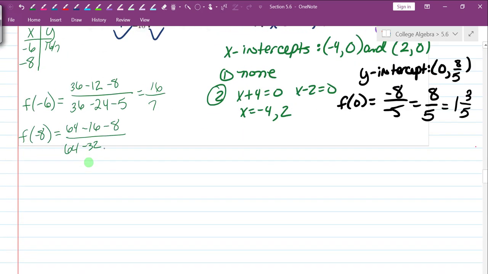I'm going to throw that in my calculator and see what I get. Okay, so 64 minus 16 minus 8 is equal to 40.